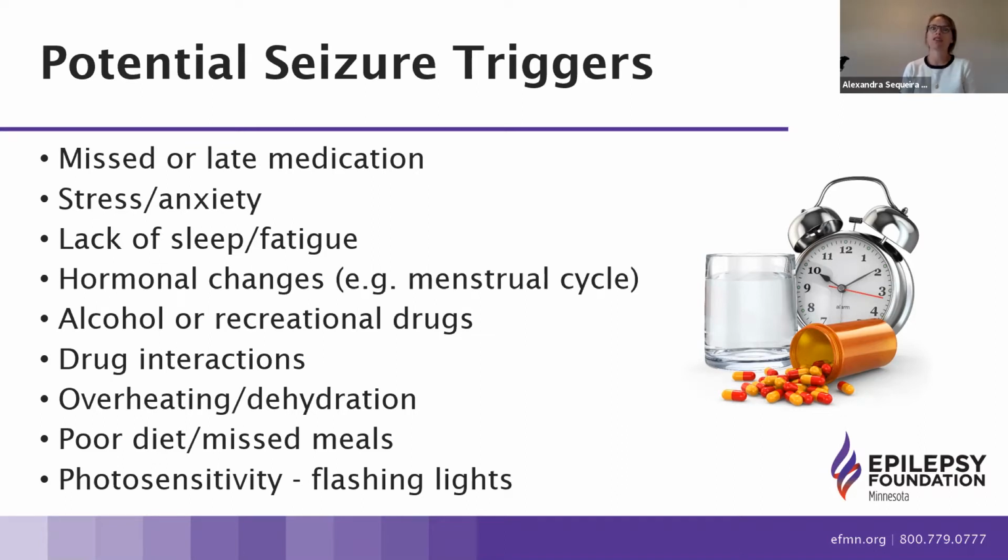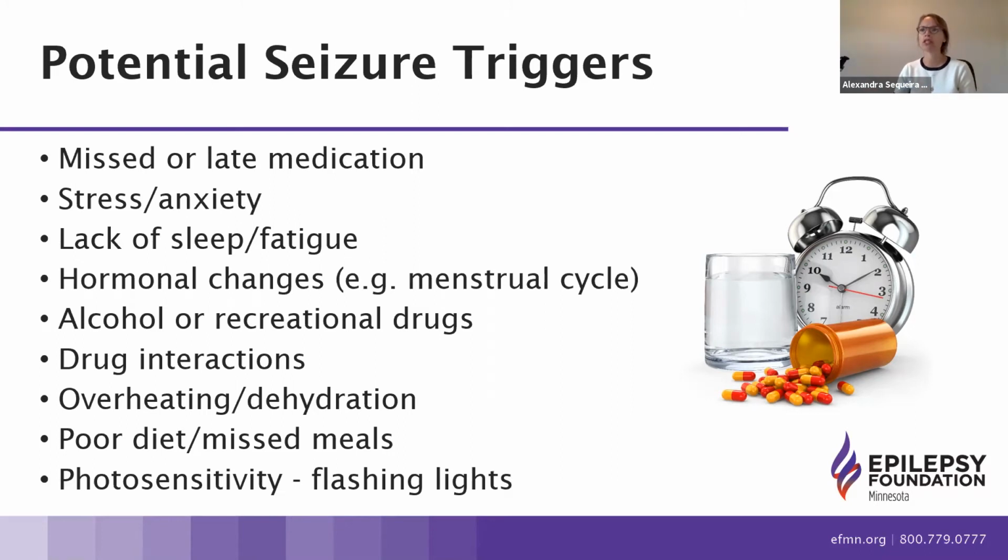A classic example of this is someone going off to college and preparing for their exams, having a lot of stress with performance and doing well on the exams, and then also coupled with sleep deprivation. That might be that perfect storm for their first lifetime seizure.